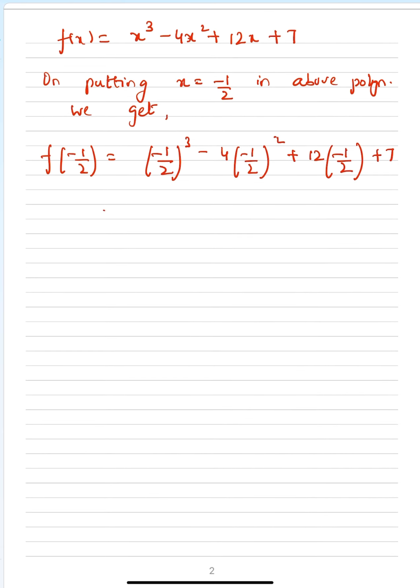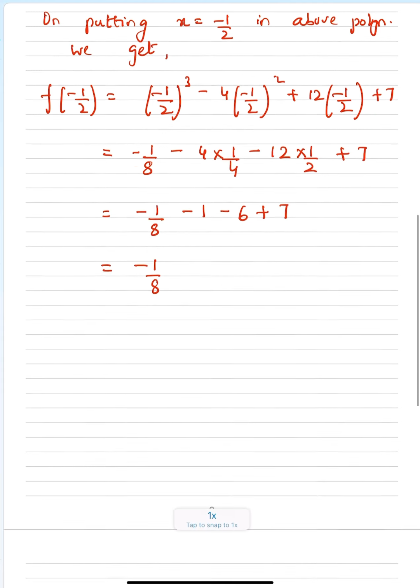Okay, this is nothing but minus 1 upon 8 minus 4 into 1 upon 4 minus 12 into 1 upon 2 plus 7. This is equal to minus 1 upon 8 minus 1 minus 6 plus 7, which is equal to minus 1 upon 8.